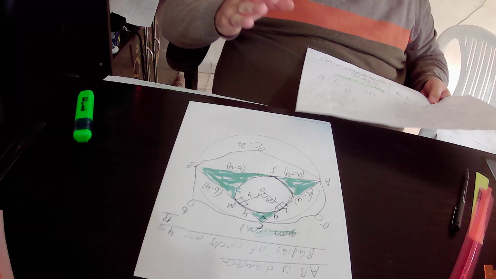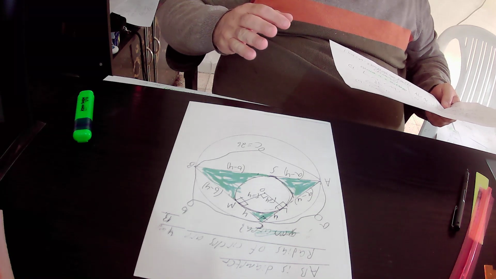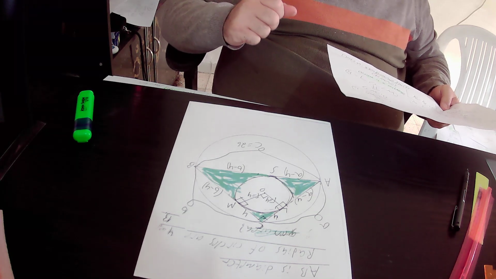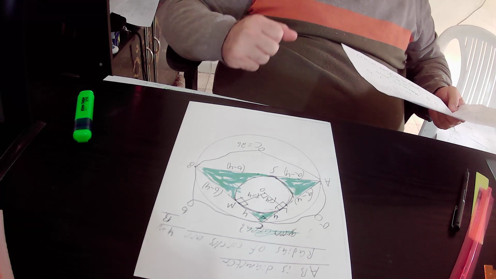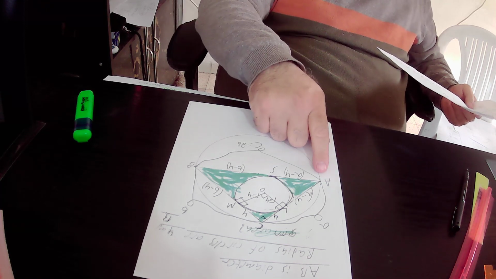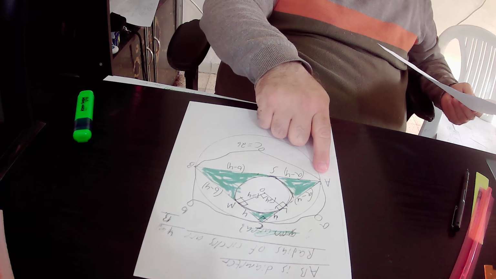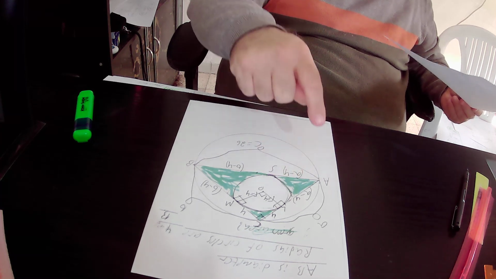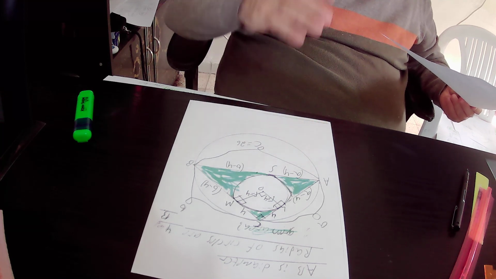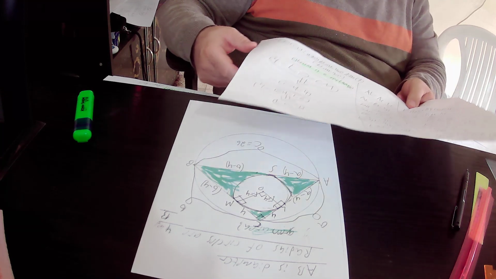Then I presented to you rule number 2. According to rule number 2, the lengths of two tangents from a common external point to a circle are equal. So we focus on the common external point, point A. From point A, we have two tangents to this circle, tangent AL and tangent AS. According to rule number 2, they must be equal to each other.